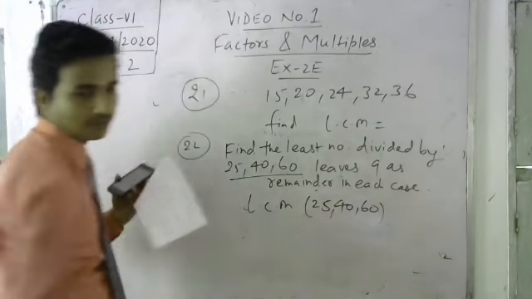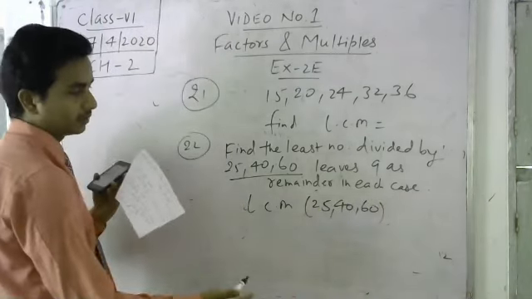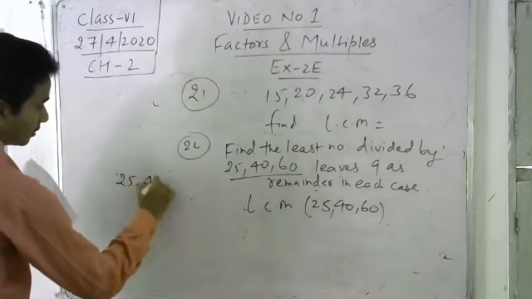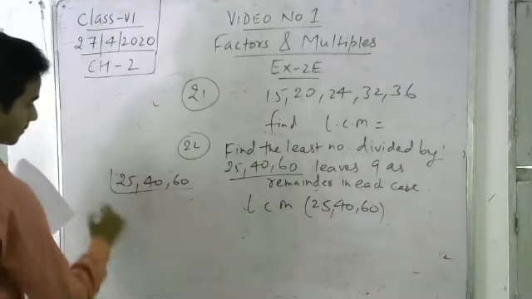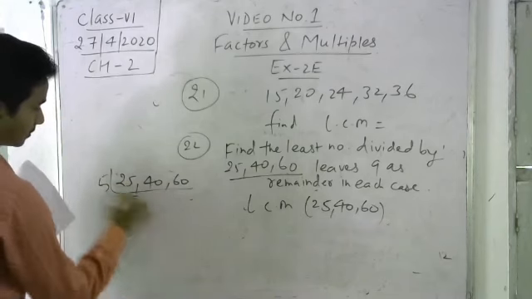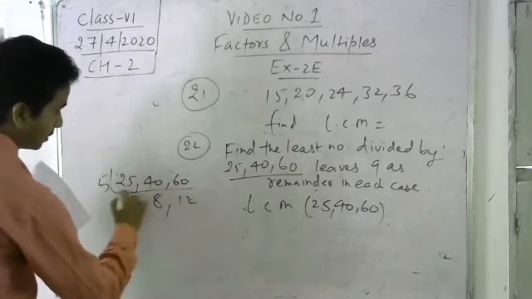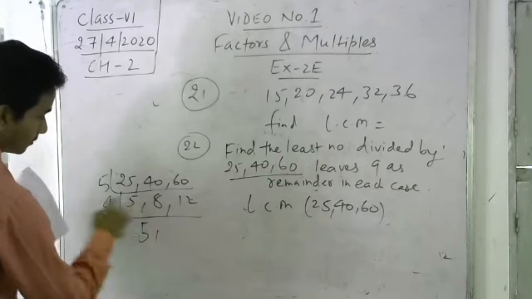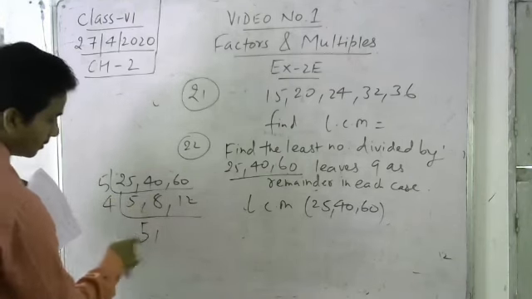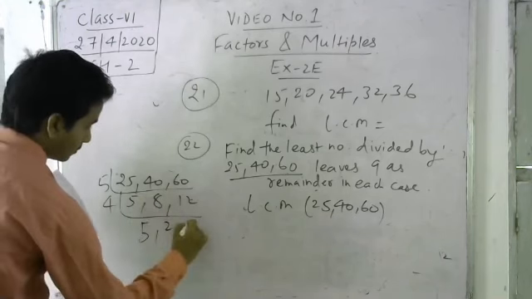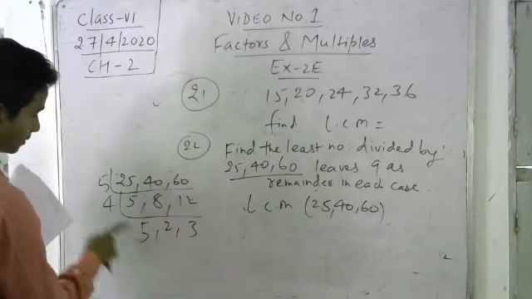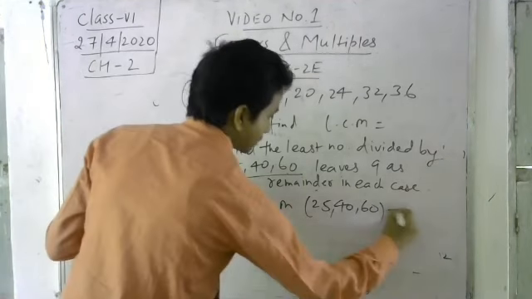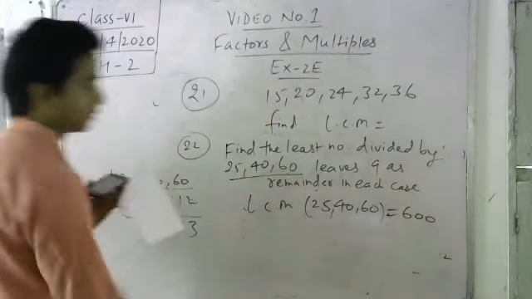You can find the LCM in rough. 25, 40, 60: I can apply 5, 5 fives are 25, 5 eights are 40, 5 twelves are 60. Now 5, 8, 12: 4 is a common factor, 4 twos are 8, 4 threes are 12. Now multiply all this. 5 fours are 20, 20 fives are 100, and 600. So LCM will be 600.